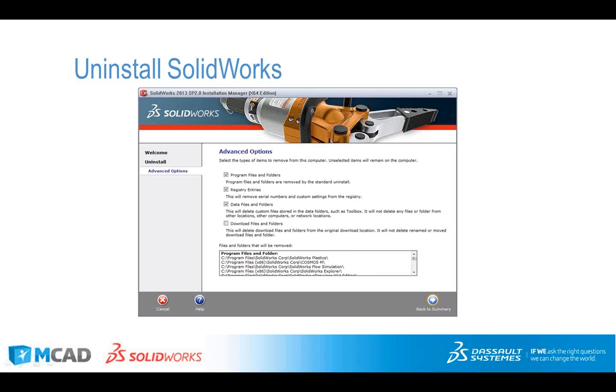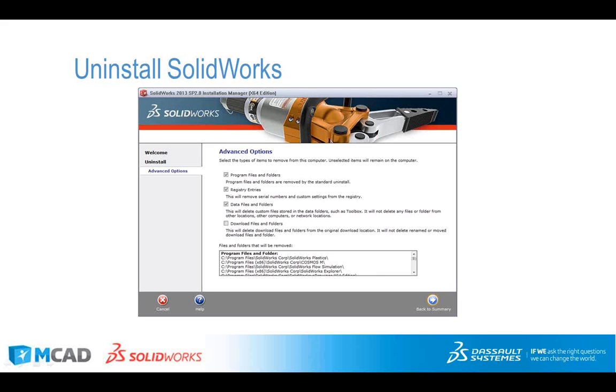You can see that bottom one I have unselected, download files and folders. If I've downloaded Service Pack 5 of the software or something, I might like to keep that for a little bit. It might be 7 gig of data, so I certainly don't want to download it again. If there's a chance I might want to keep that around, I just uncheck that as well.